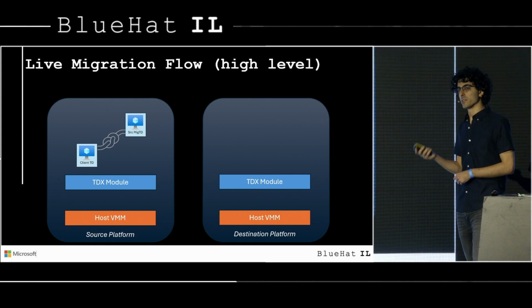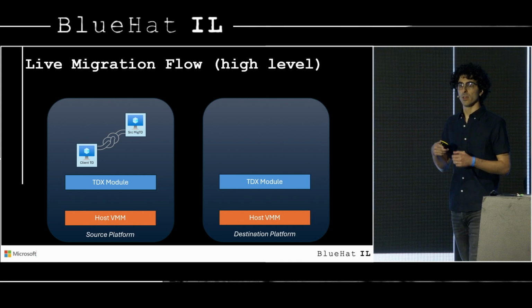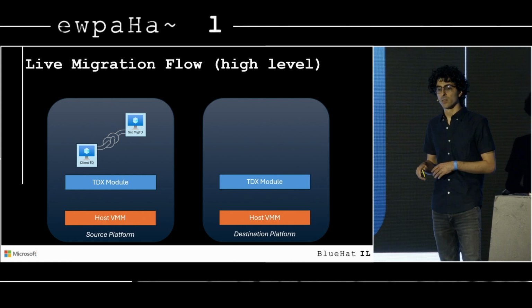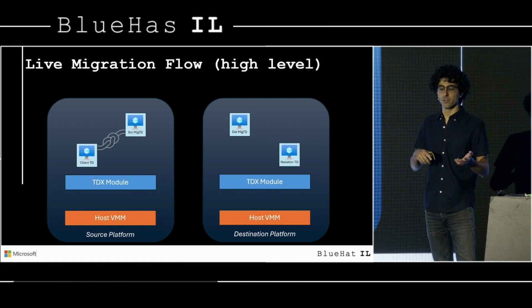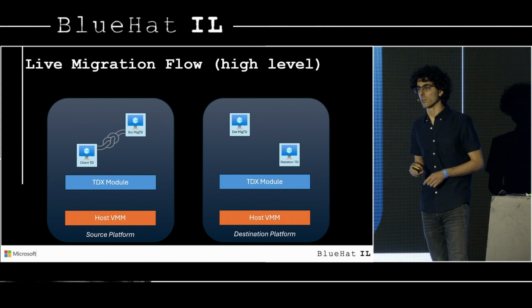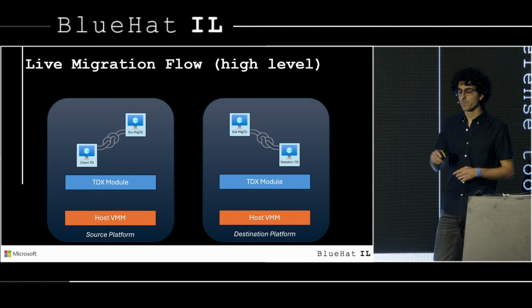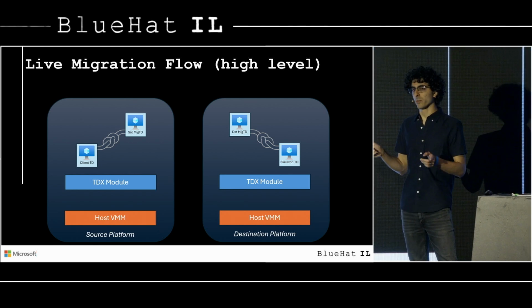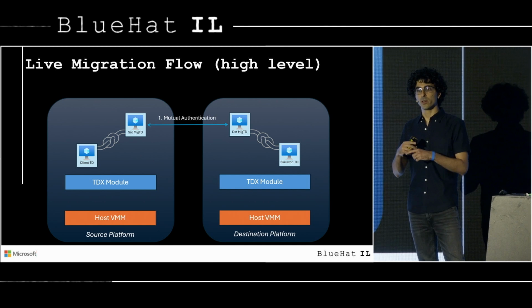OK, so before we can actually start the migration flow, on the destination platform, the host must create a destination pair of TDs, which consists of another migration TD and a skeleton TD. Skeleton TD is basically a bare-bone TD with no actual content in it, and the host will then bind those TDs together. Now, the two migration TDs will establish a secure communication channel and authenticate each other.